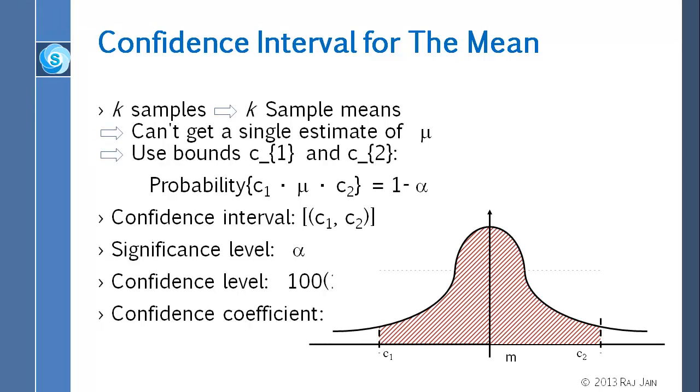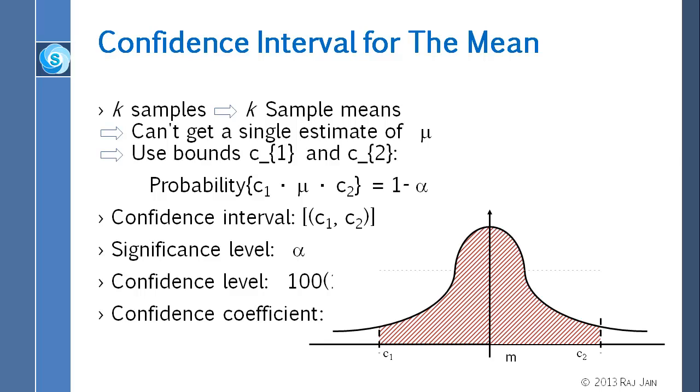So if you take k samples, you have a million numbers, and you took one sample of 100. Now starting with one sample, you take 2 samples, 3 samples, 4 samples. As you increase more and more samples, you will get more and more sample means. Now what you can do is, based upon these, you somehow want to put some bounds of probability of being wrong or right.